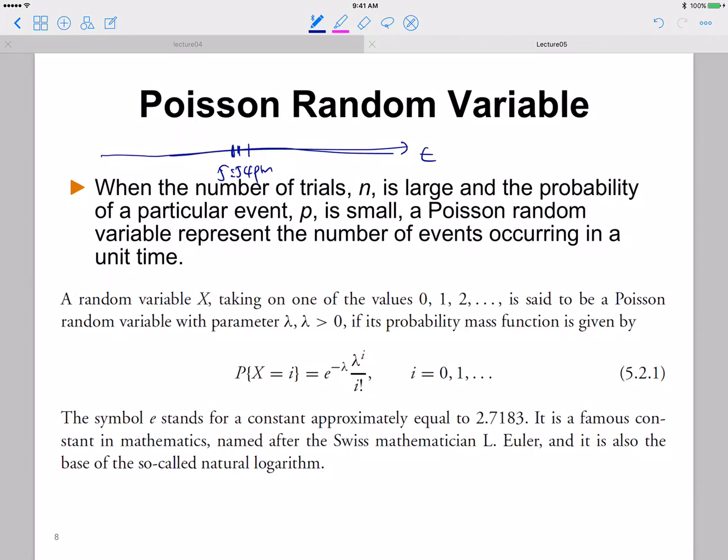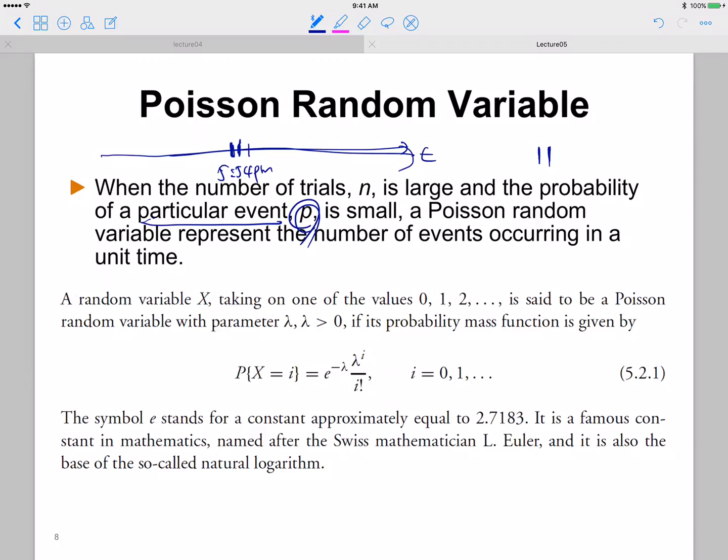These are lying in this continuous time domain. And then we consider a really small range or small region, and some event, like a Bernoulli event, that happens within such a small period of time, and that probability is called p.